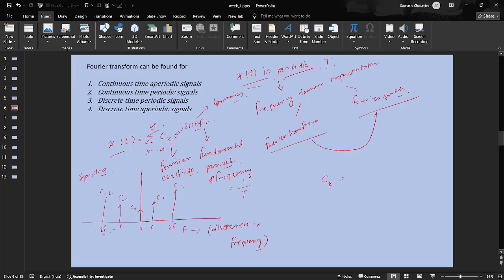So c_k is my Fourier series coefficient which corresponds to kth harmonic, and I would like to find it for some particular value of k, and I am also given x(t), the signal itself, and the fundamental frequency also.